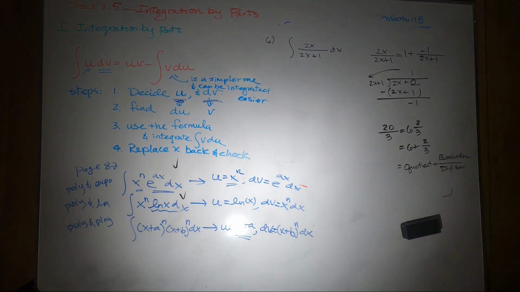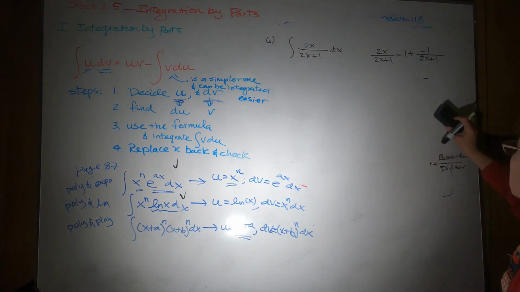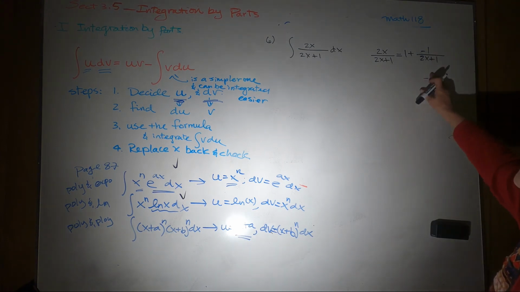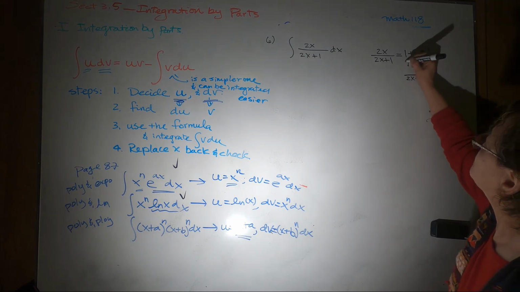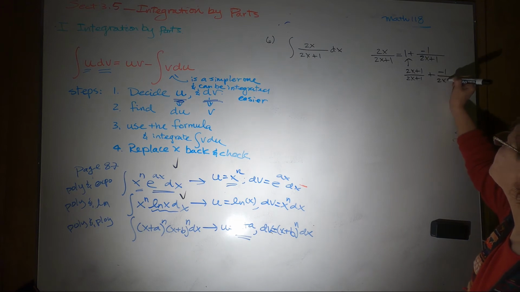That's actually the 152A class, right? We did the polynomials: add, subtract, multiply, and divide. So you have to change this. If you don't see it, you actually can write this as (2x plus 1 plus -1) over (2x plus 1).